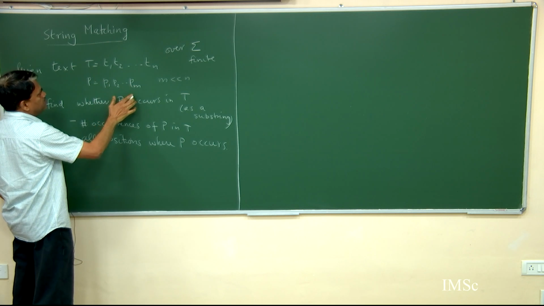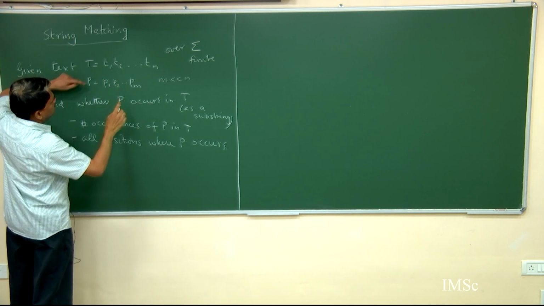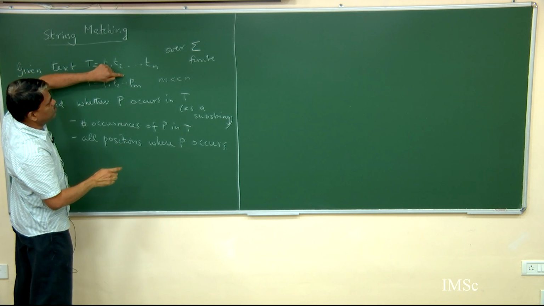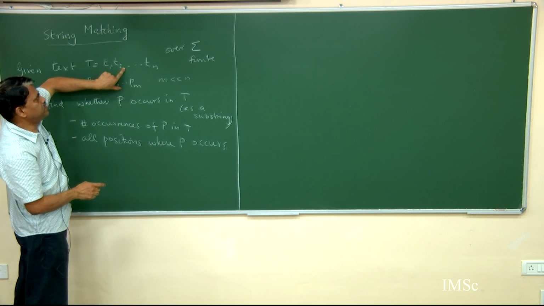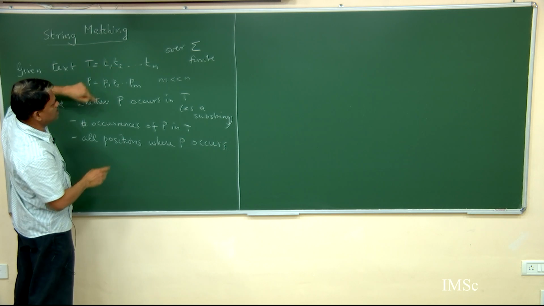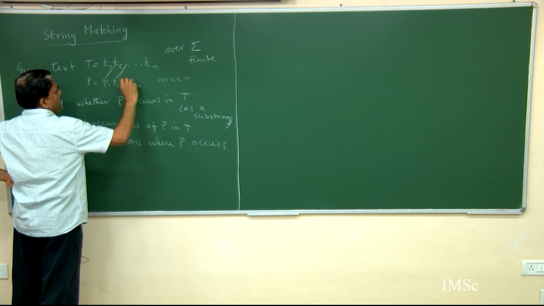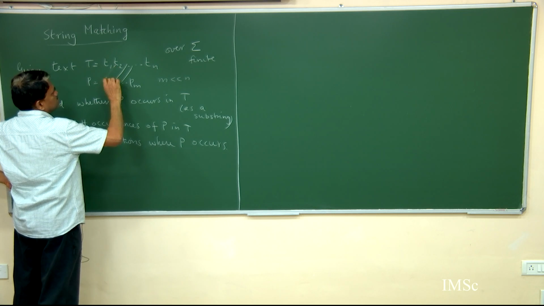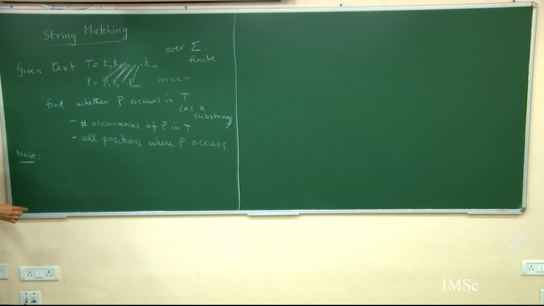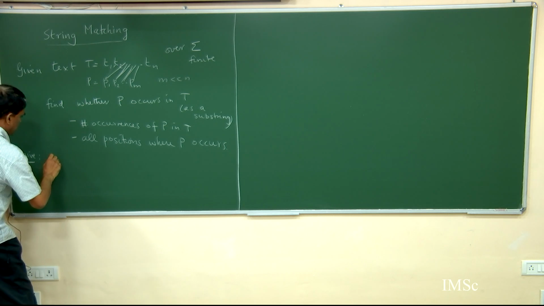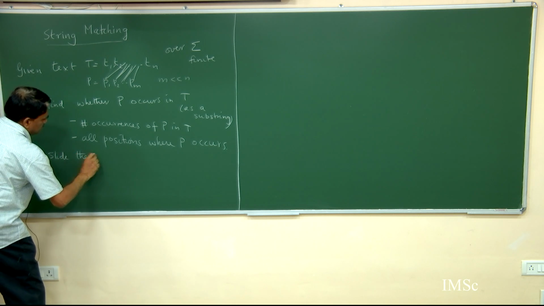So, take your pattern and maybe start matching with the text one by one until there is a mismatch, and when there is a mismatch, maybe then you start all over again and start from here, and when there is a mismatch, then you start comparing from here and so on. So, yeah, slide the pattern.